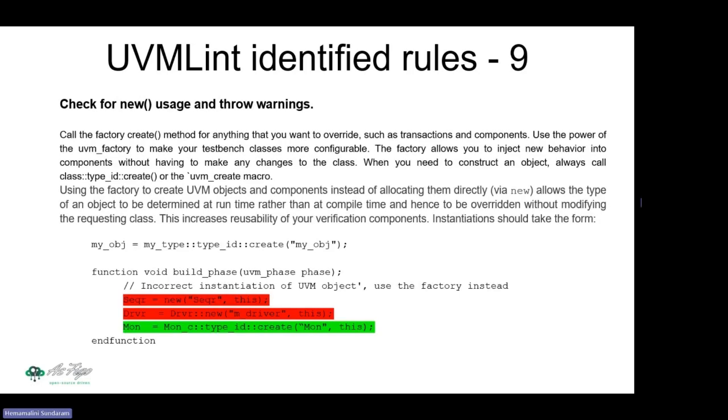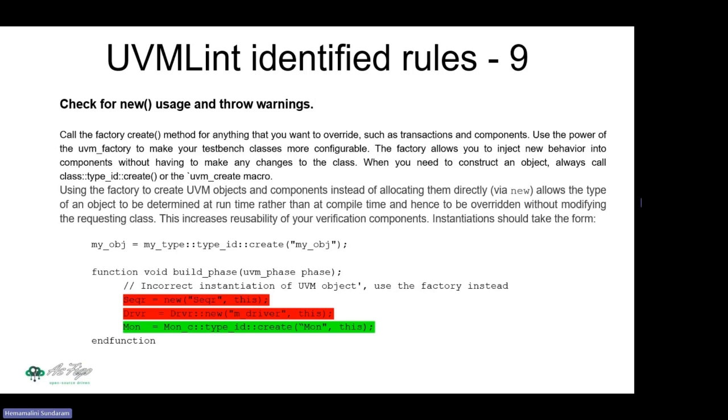Now the UVM ninth rule checks for new usage and throws warnings. This is about the usage of the factory create call. For anything that you want to override, such as transactions and components, the power of the UVM factory makes the testbench classes more configurable. The factory allows us to inject new behavior into components without making any changes to the class. When you need to construct an object, always call the class type_id::create or the UVM create macro.